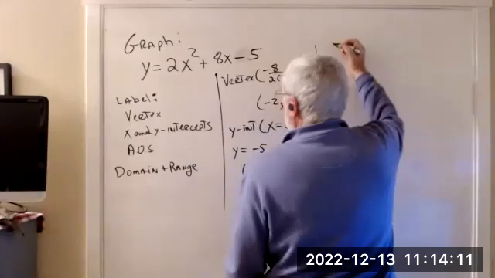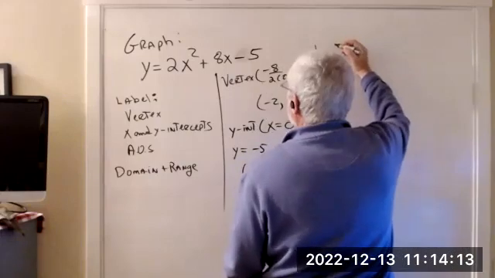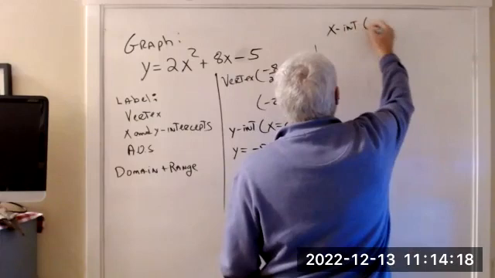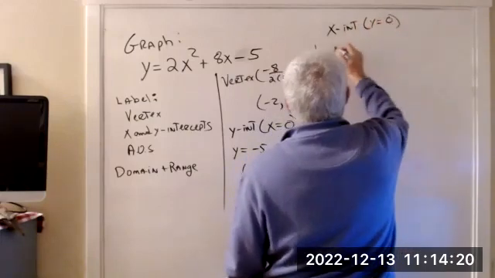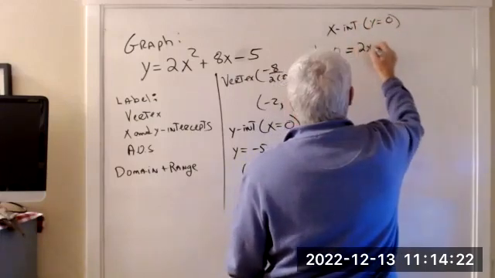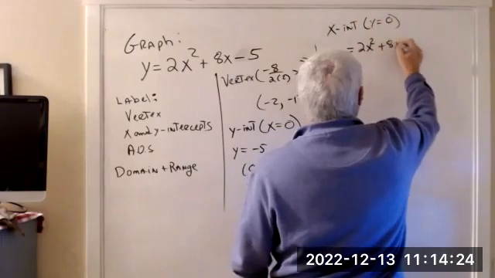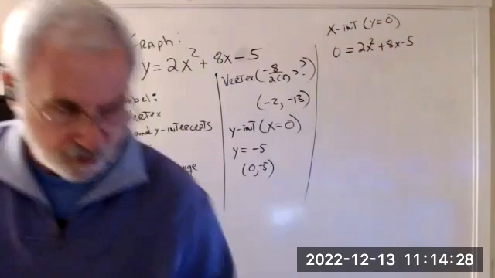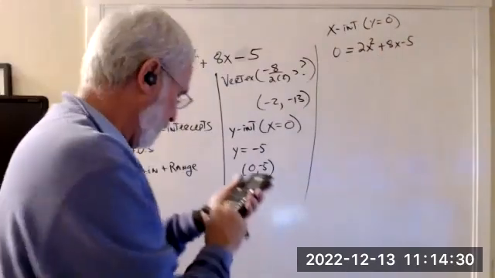Okay. So the x-intercepts, which means y equals 0. So 0 equals 2x squared plus 8x minus 5. Let's see if I can use my calculator correctly this time.